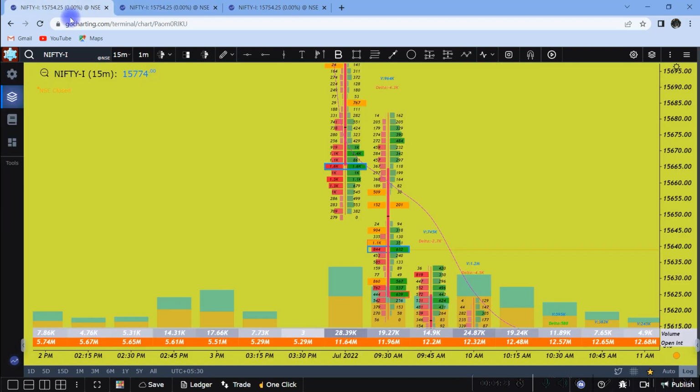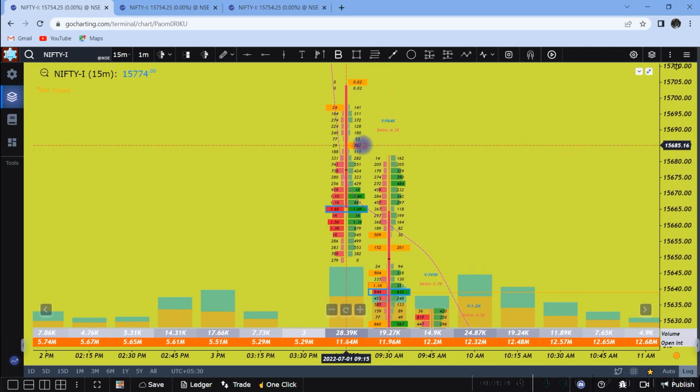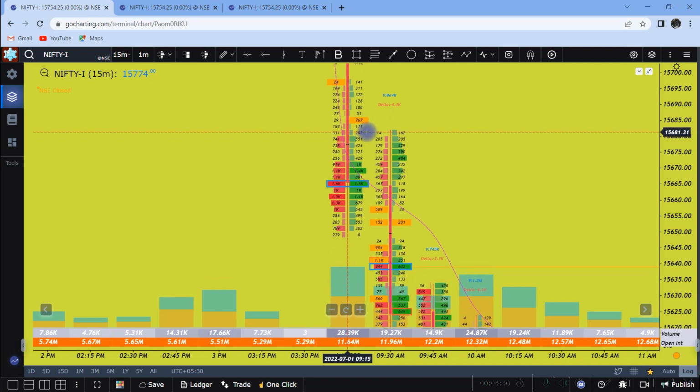When we look at the open, right at the open, there is some bit of imbalance created on the buy side, and the market just doesn't respect it and goes right down.